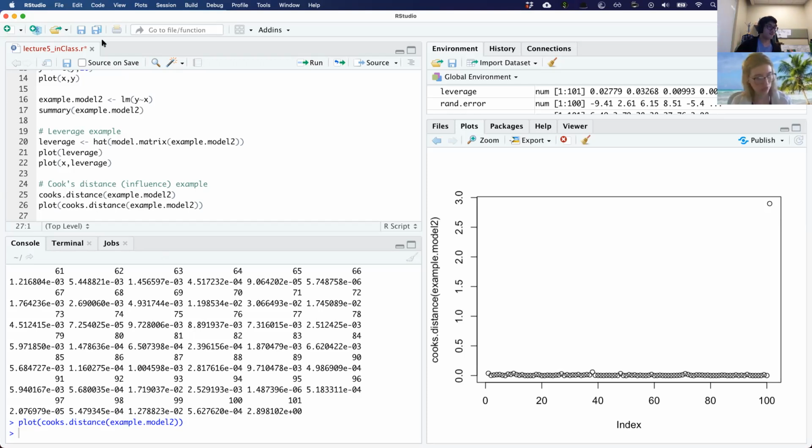Oftentimes in some data analysis or statistics classes, they'll just say, okay, drop the points and rerun the model, right? But really, we want to encourage active thinking about what it means when you identify an outlier, and whether it actually makes sense to drop that data.